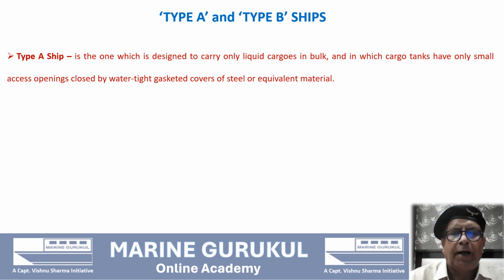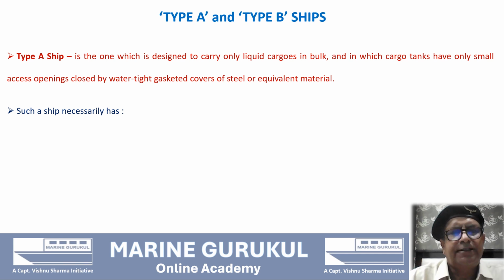So what ships are we talking about? Primarily we are talking of tankers which carry liquid cargo in bulk, with openings which we call tank domes. Tank domes have watertight or oil-tight gasketed covers of steel or equivalent material.